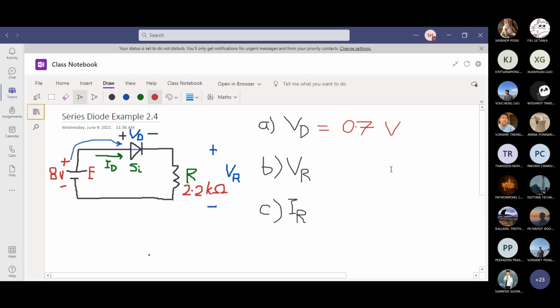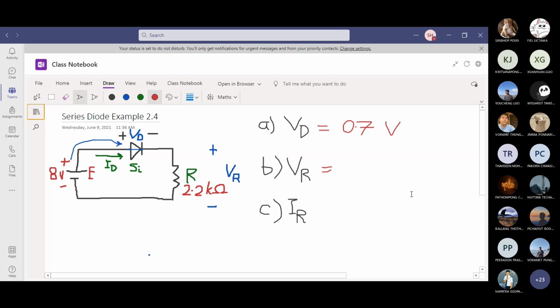Michelle, since I already gave you 0.7 volt for VD, now tell me what is VR? Which circuit rule will you use to find VR? Kirchhoff's voltage law.